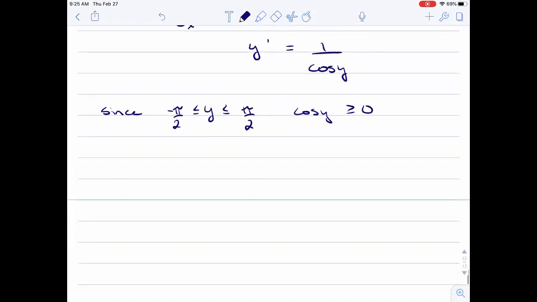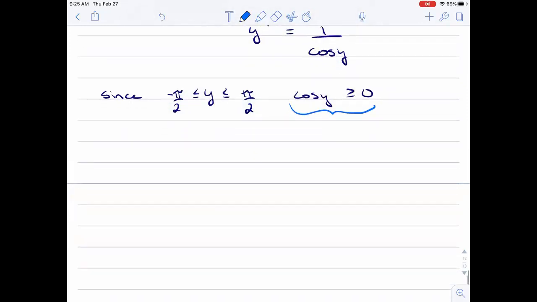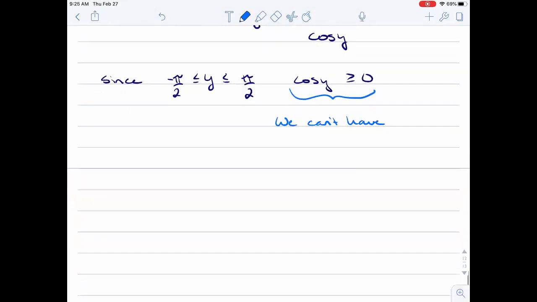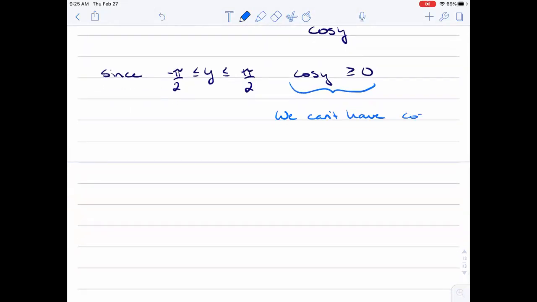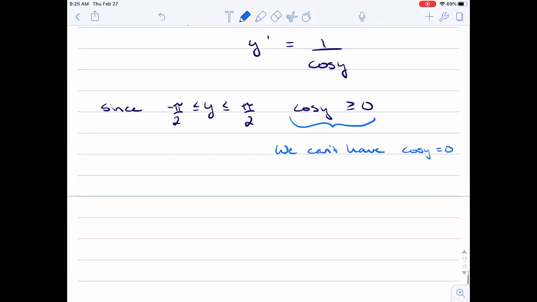Exactly. So here, we can't have cos y equal to 0. That's what you mean, right? Yeah, because you have greater than or equal to. Yeah. And so, therefore y must be less than and not equal to pi over 2.